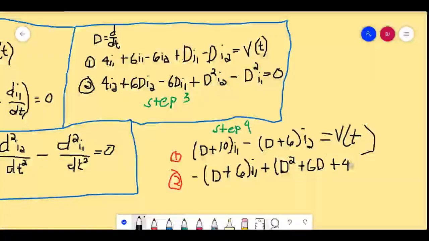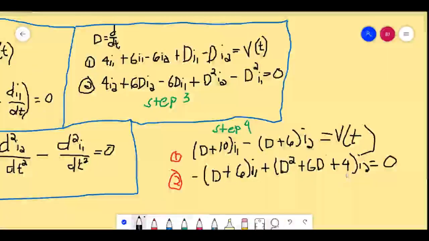So plus 6d plus 4 I2 equal to 0. Okay? Let me check that. So d squared, 6d, 4. 1, 2, 3. Okay, good.